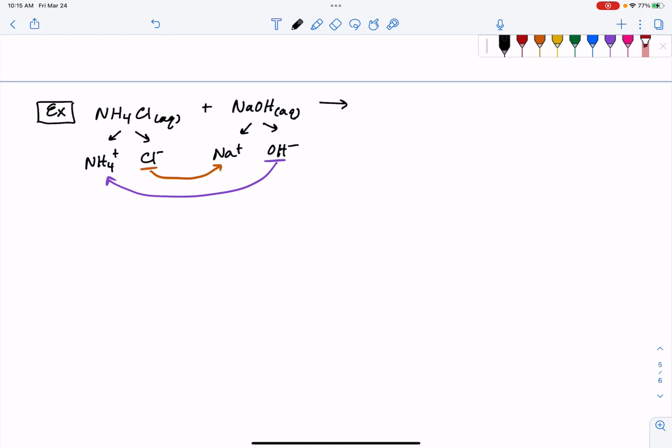This is going to form, if I think about what's going to happen when I make an Na cation come together with a chloride anion, these are equal and opposite, so we form a 1-to-1 sodium chloride solution. By now I know that sodium chloride is indeed a soluble product because I've got my chloride anion and I don't see any of my exceptions, which would be silver, mercury, or lead. Plus we've all seen table salt dissolve in water.